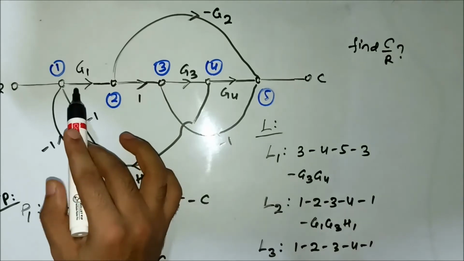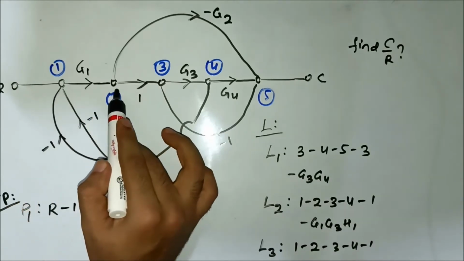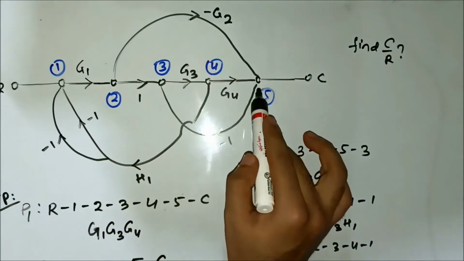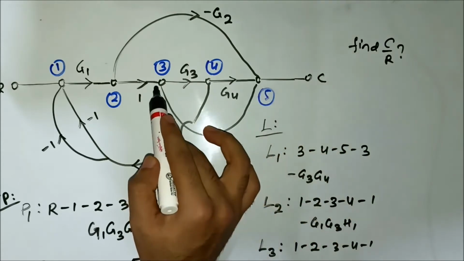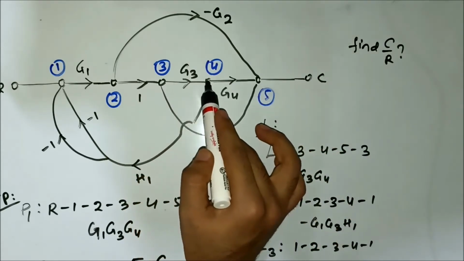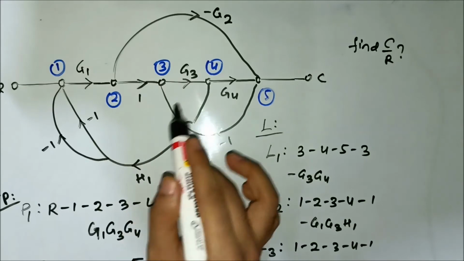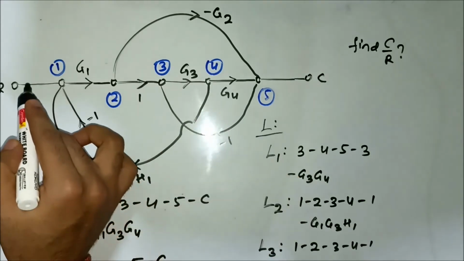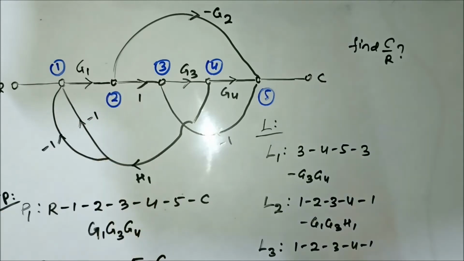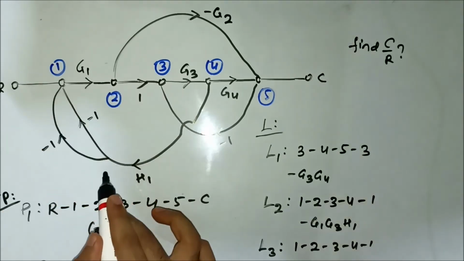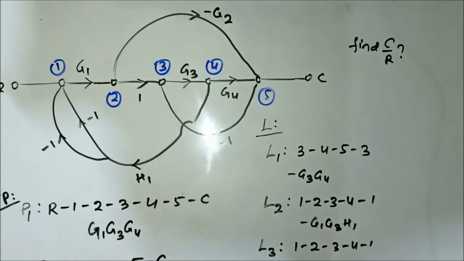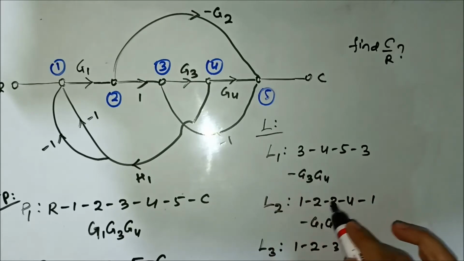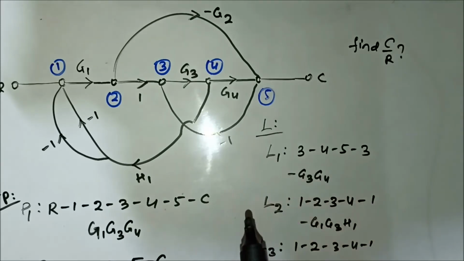Again, it will be two kinds, one along this path and one along this path, because there are two similar branches from this point.